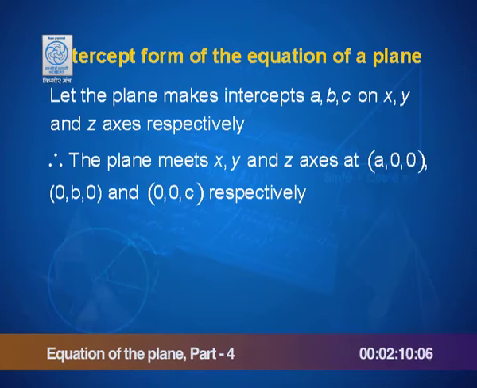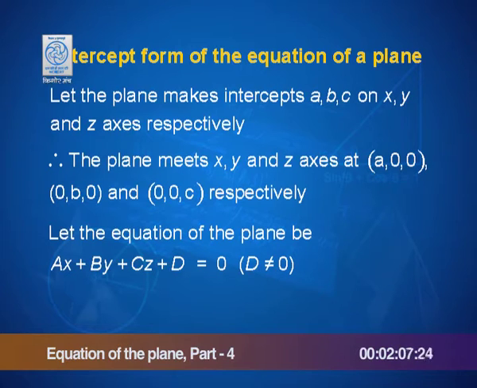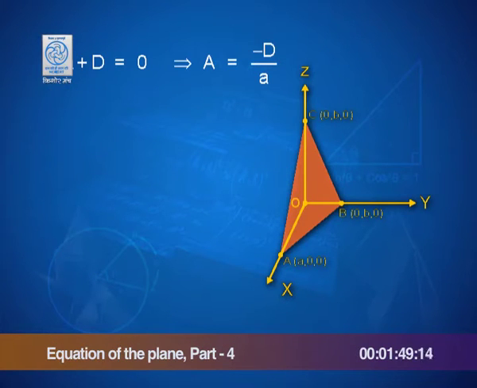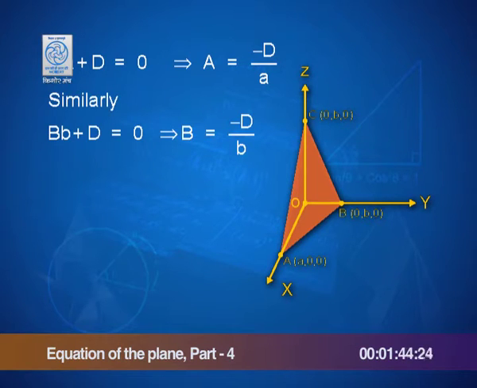But just to get that special form, if I take Cartesian equation of plane as Ax plus By plus Cz plus D equal to 0, then I know that (a,0,0) lies on this plane. So, if I replace x, y, z with these coordinates, I get a condition which tells me that capital A is equal to negative D upon small a. Similarly, you get capital B as negative D upon small b and capital C as negative D upon small c.